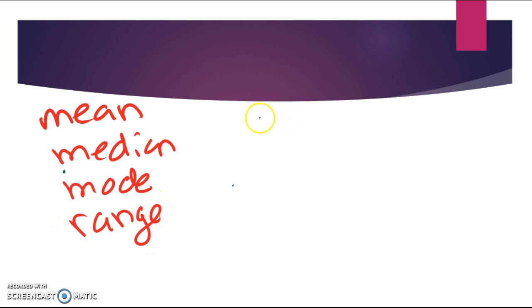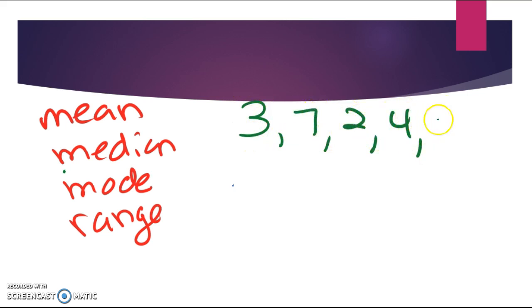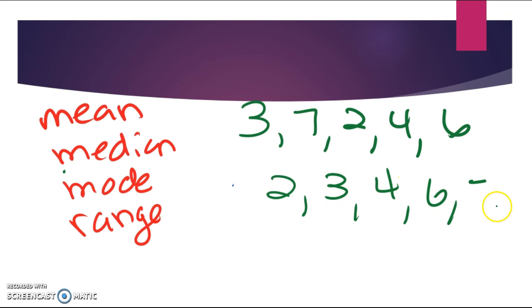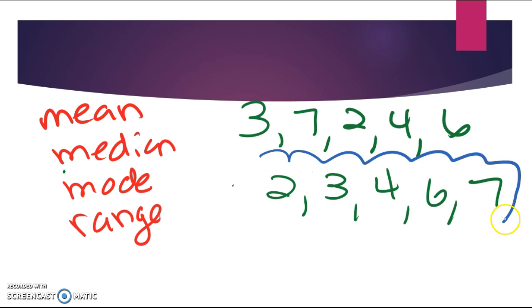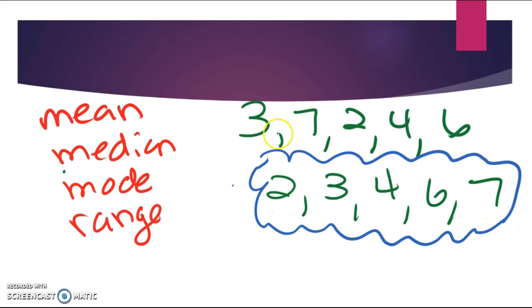So I'm going to give you some numbers: 3, 7, 2, 4, 6. The first thing I need to do before I do anything is put these numbers in order. So it's going to go 2, 3, 4, 6, 7. This right here is going to be the set of numbers that I want to work with, because I put them in order, and that came from these, but this is the one I want.